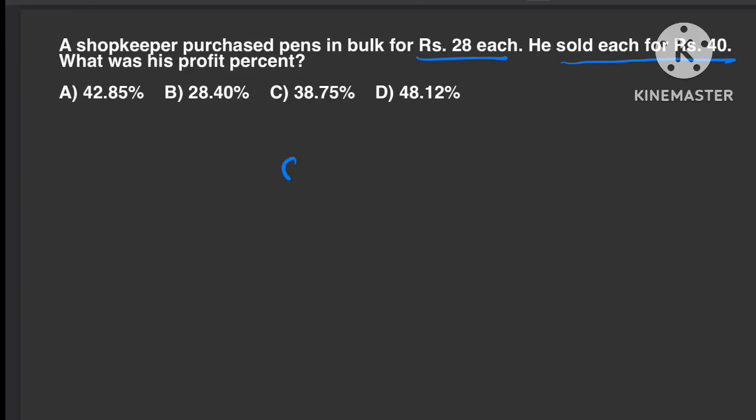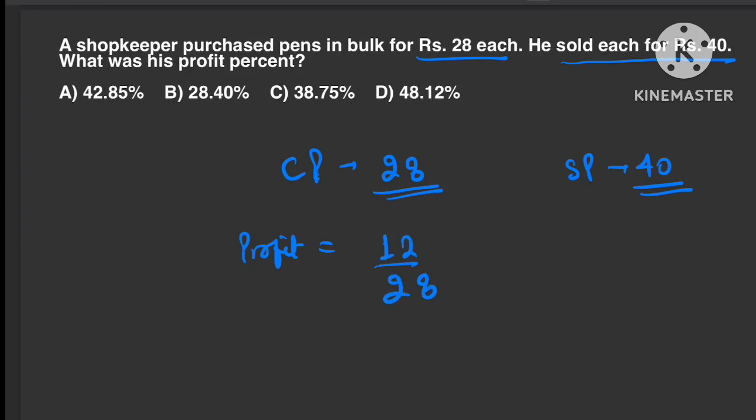So cost price is 28, selling price is 40. So the profit percent will be, it's very simple, 12 upon 28 into 100, because profit is selling price minus cost price. Selling price is 40, cost price is 28.